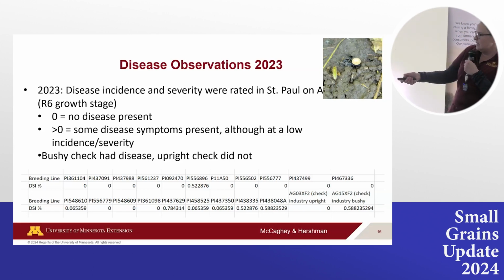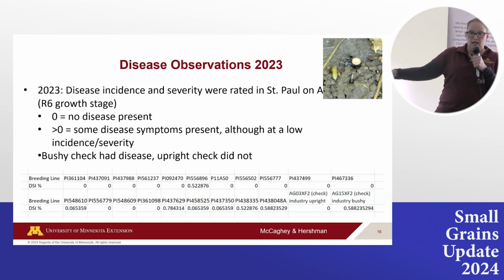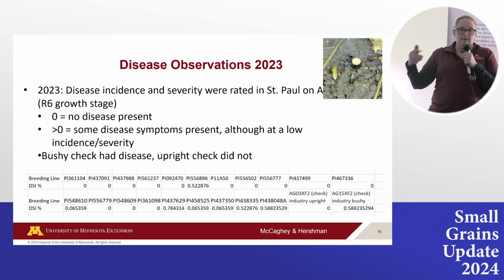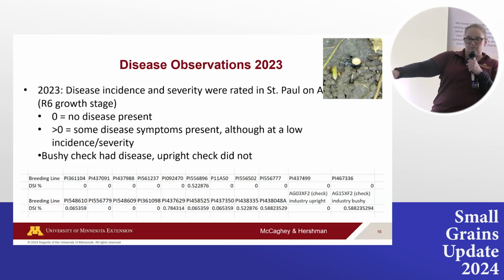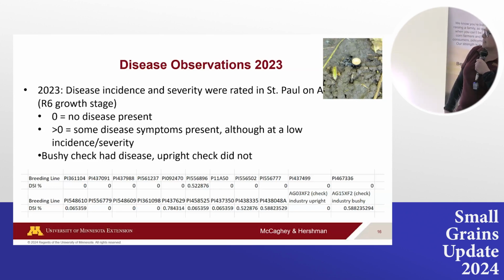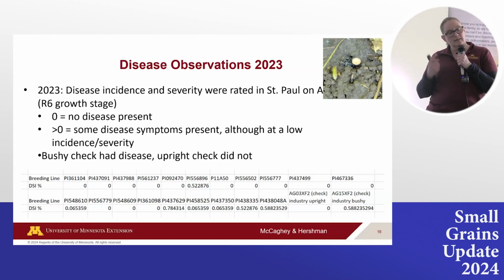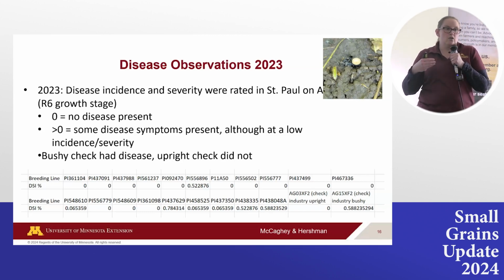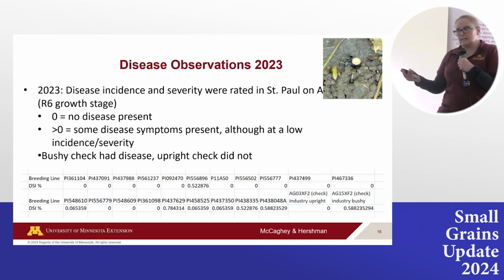And so what they had, this table right here down at the bottom, they planted all of these soybean lines out and then had the inoculum in the field and then just waited for disease to occur. And then they looked at disease incidence, so that's what percentage of the plants have disease, and then severity, how bad was that disease.